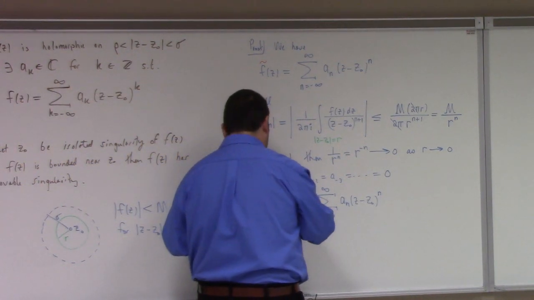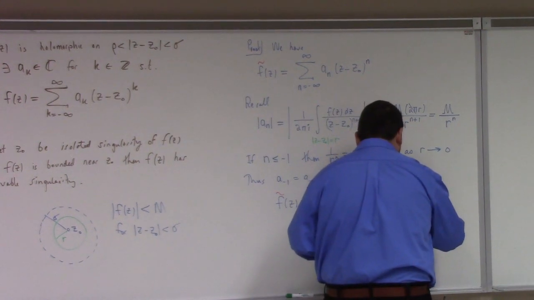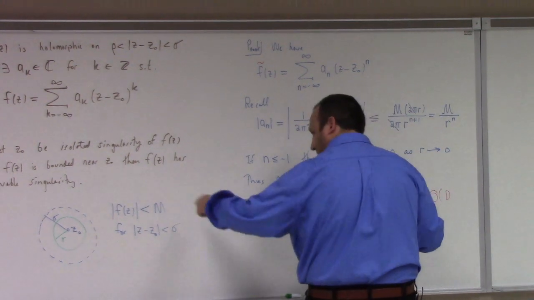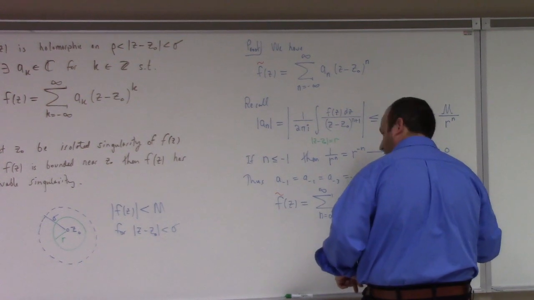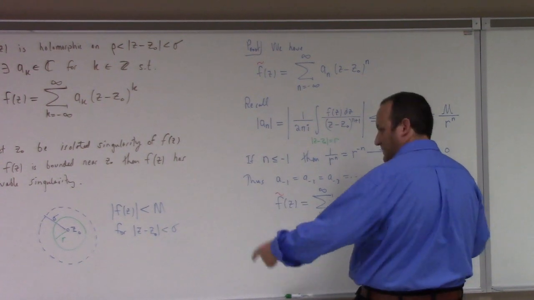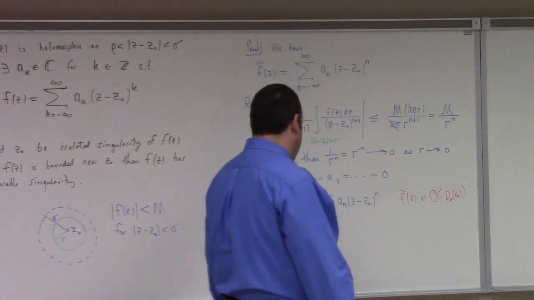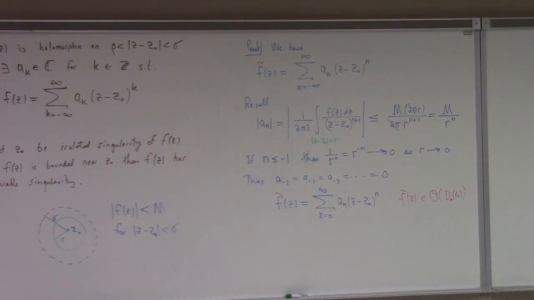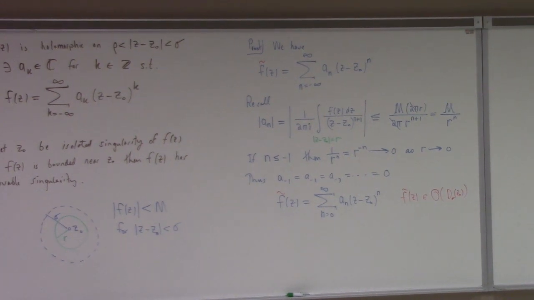This f tilde, definitely we have f tilde of z is holomorphic where? It's holomorphic on the disk, disk centered at z naught, radius sigma, I suppose. I'm not sure I really need all this, but what was the definition of removable singularity?